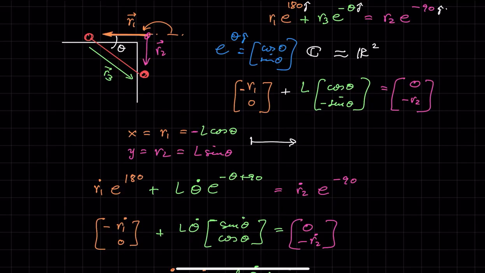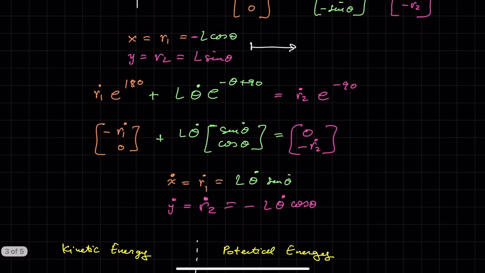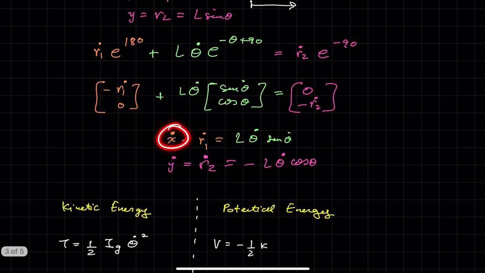We express this in matrices, and we know that x dot is equal to L theta dot sine theta, and y dot is equal to minus L theta dot cosine theta. Okay, we have that.